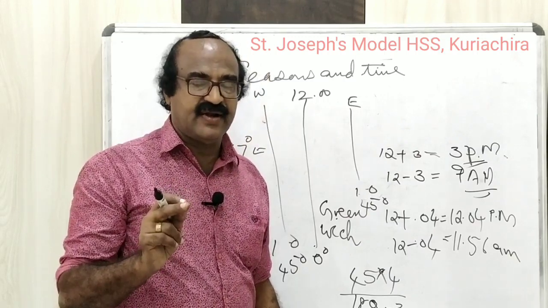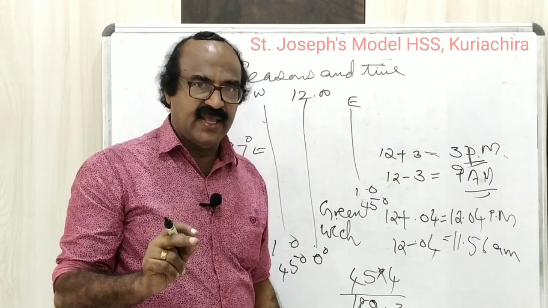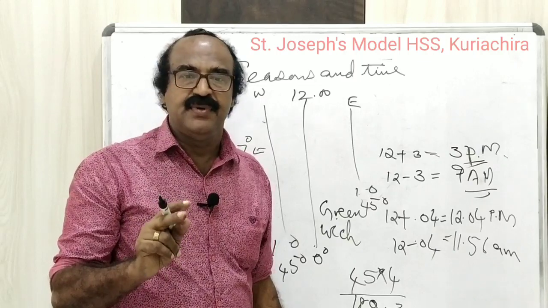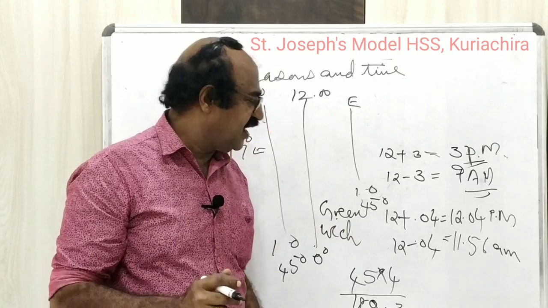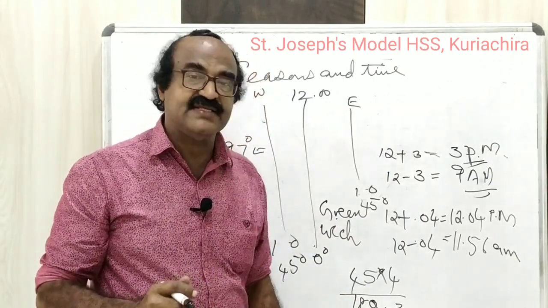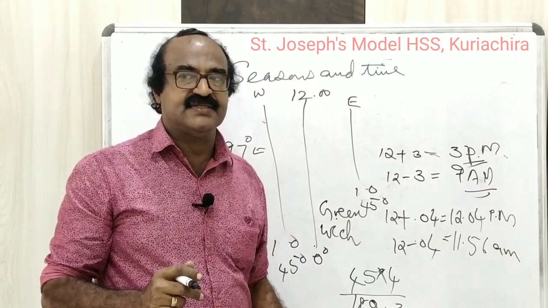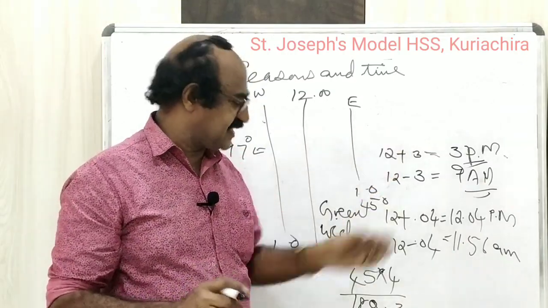If the 180 degree longitude passes through a country, the east and west will have 2 days difference. I will show that. It is in your textbook, page 70. Then one line is arranged here.